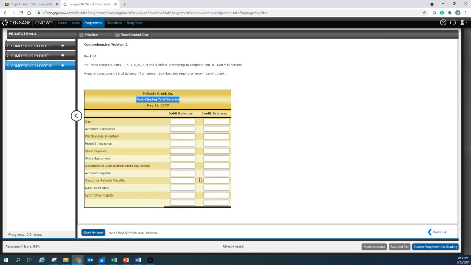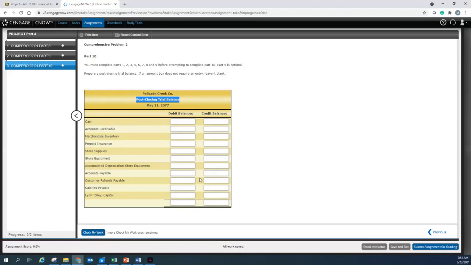So this post-closing trial balance will really be no different from the previous trial balance. The only difference is that there's no revenue, no expenses, because they were closed out. No, I meant to say that it's closed out to capital. There's no revenue, no sales account because it's closed out to capital. No expense accounts because it's closed out to capital.